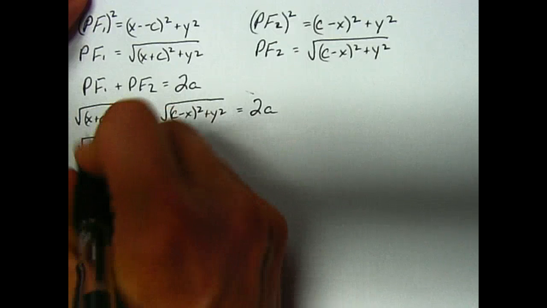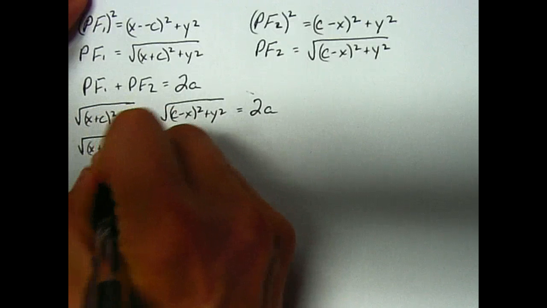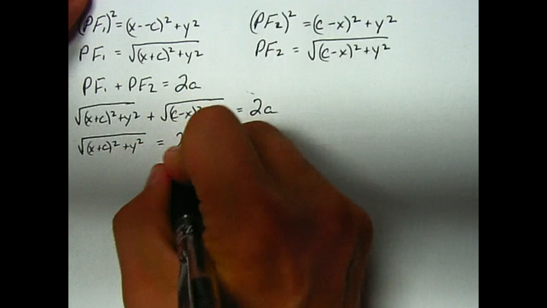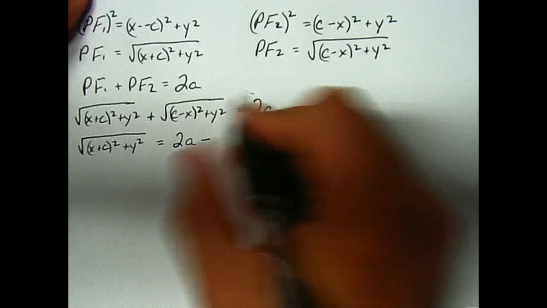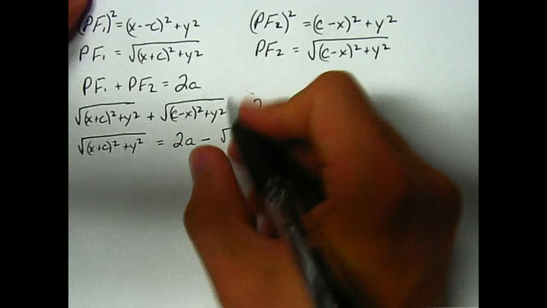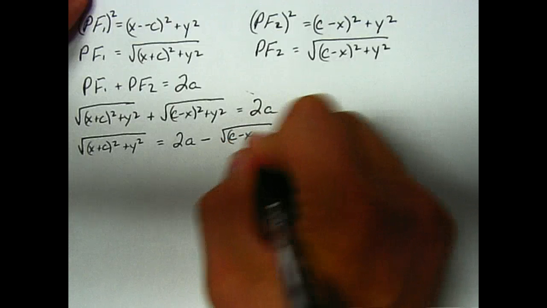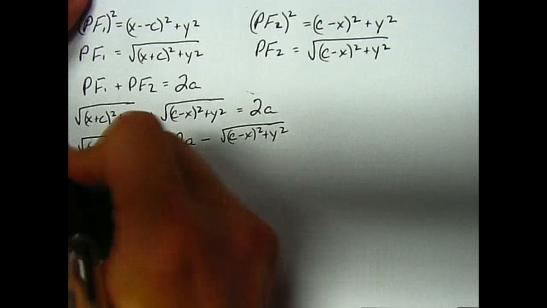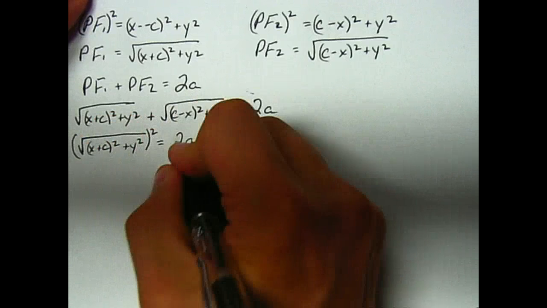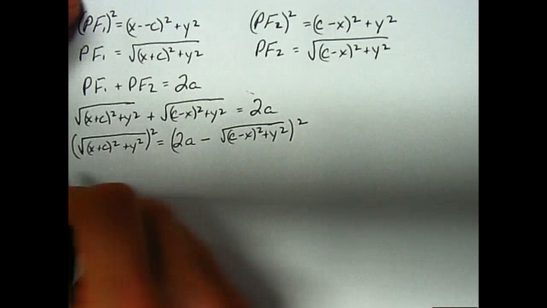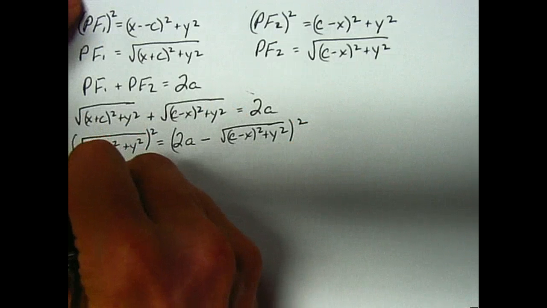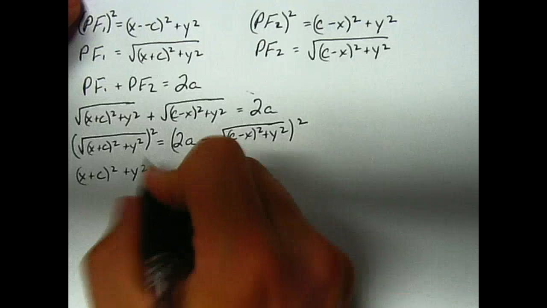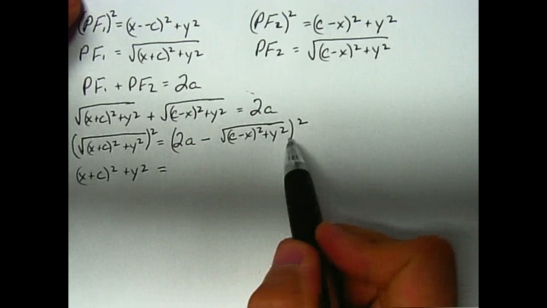Okay, so let's start by getting rid of one of those root signs. So I'm going to leave one on one side, and I'm going to subtract the other one from both sides so I can square both sides and see if we can do any simplifying. Okay, so I know I can get rid of this root sign by squaring both sides. So there we go. On this side we're going to be left with x plus c all squared plus y squared. And on this side we've got a binomial square, so we've got to be careful.